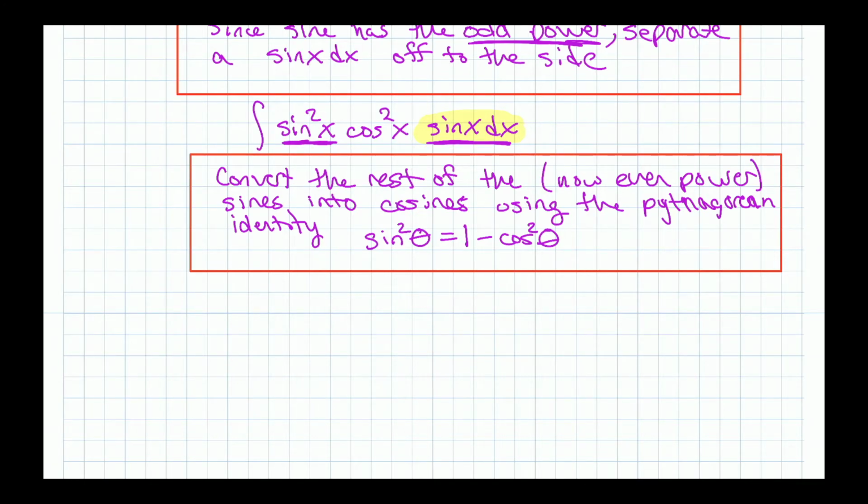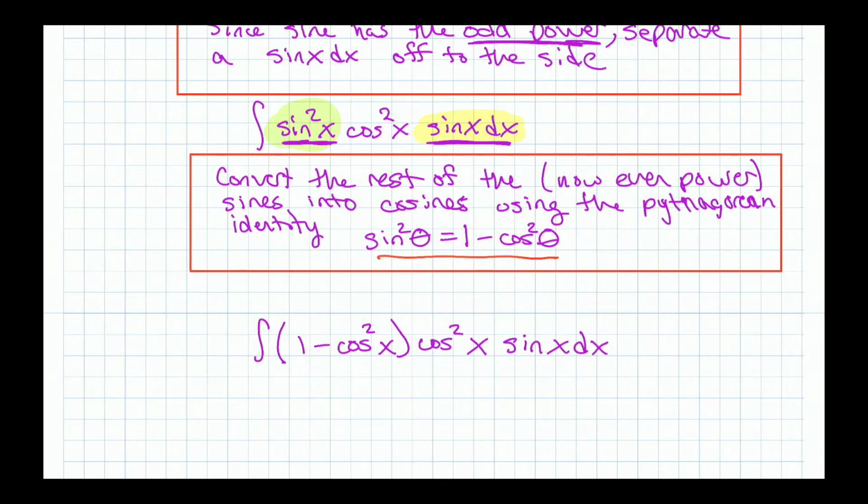We're taking this sine squared, and we're going to rewrite it as 1 minus cosine squared. So we're going to have 1 minus cosine squared x, cosine squared x, sine x dx.